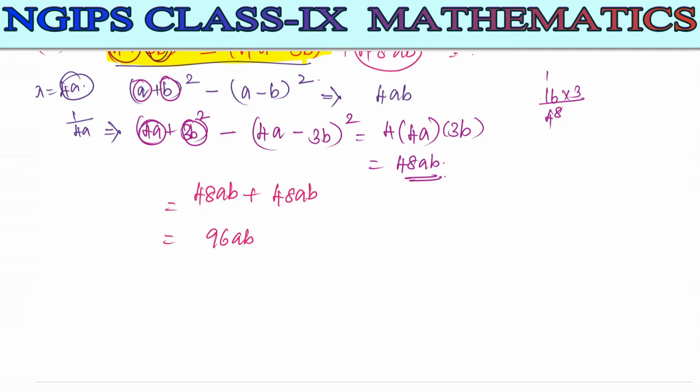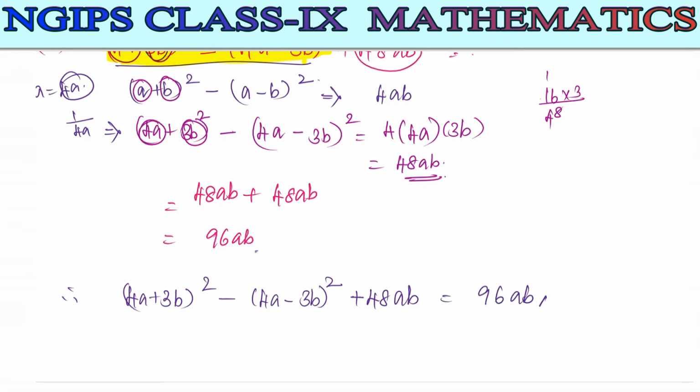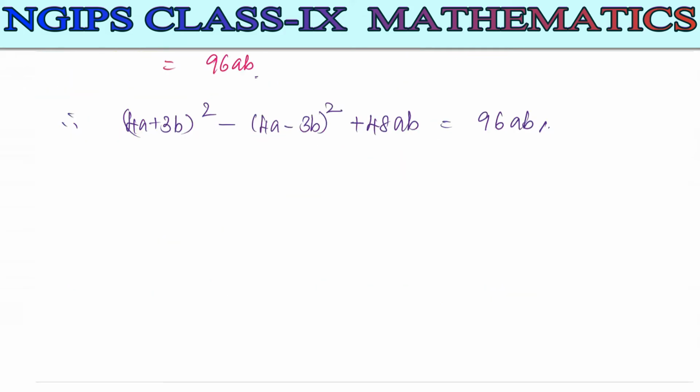So we added the terms, so this is the final answer. Therefore 4a plus 3b whole square minus 4a minus 3b whole square plus 48ab is equal to, we got the final answer as 96ab. So this is the solution for this question. Move to the next one.